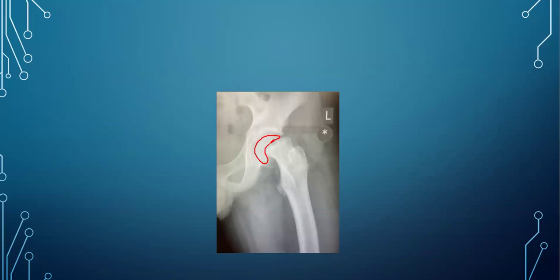You can see the femoral head has got displaced, or it has slipped. So when the epiphysis of the femoral head slips from the rest of the femur, that's what we call SCFE. Does it make sense for everyone?